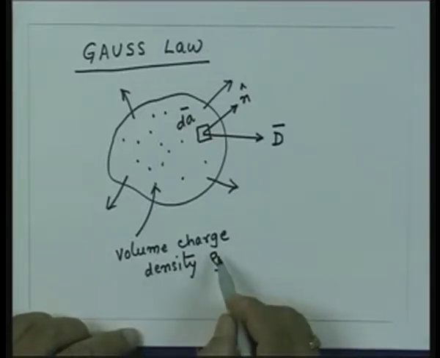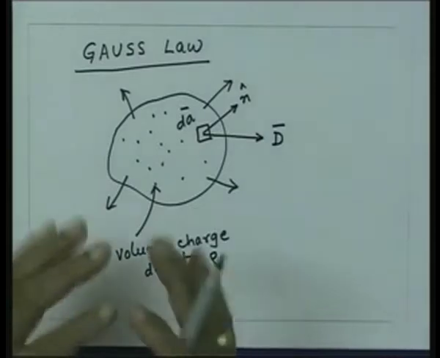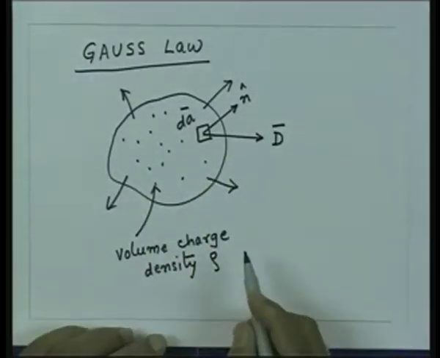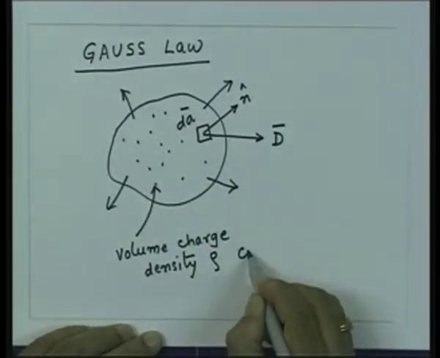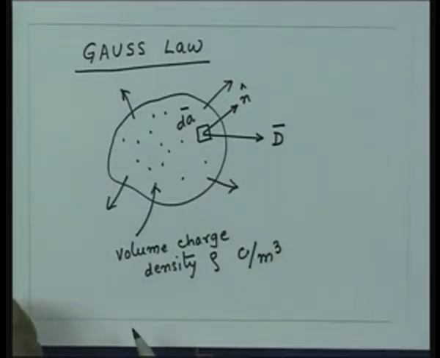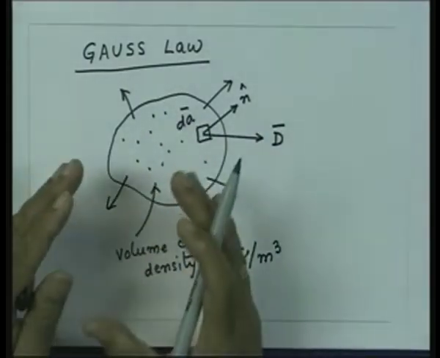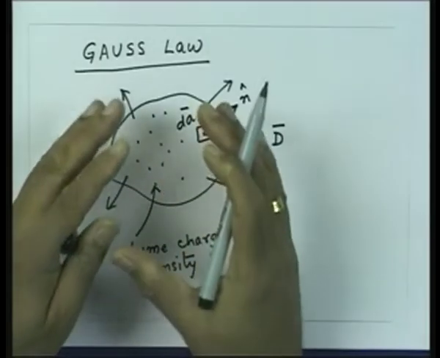So, this is representing the density of the charges inside this volume. So, its units will be coulomb per meter cube. So, if I add up all the charges inside this volume, I get the total charge enclosed by this surface.